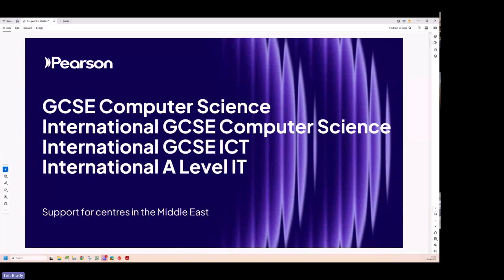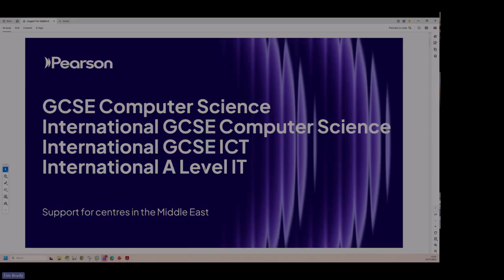The four qualifications that I will be covering in this short session are the GCSE Computer Science, International GCSE Computer Science, International GCSE ICT, and International A-Level IT.